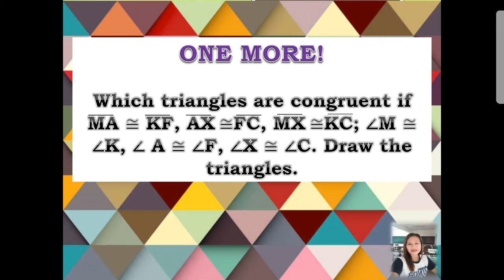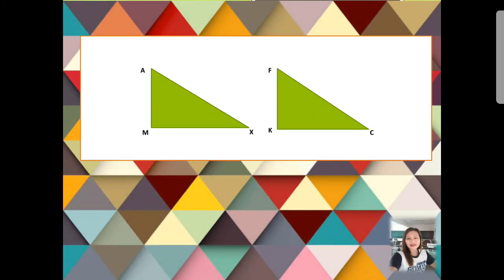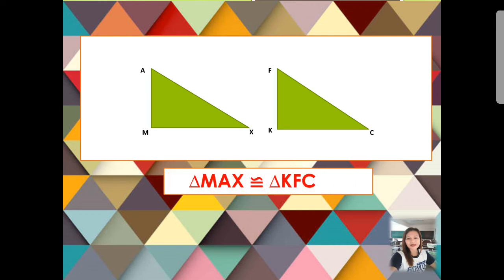You can draw the triangles on your own so that you can have an idea of what triangles are congruent based on the given corresponding parts. So to draw, based on the figure you drew, triangle MAX is congruent to triangle KFC.